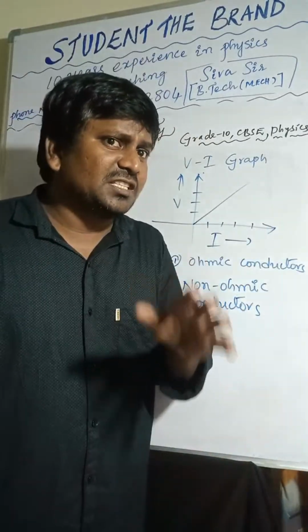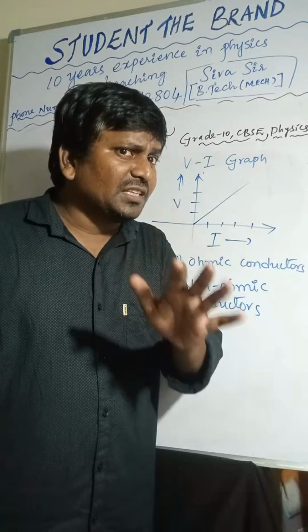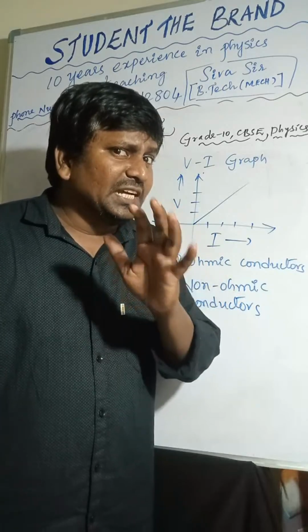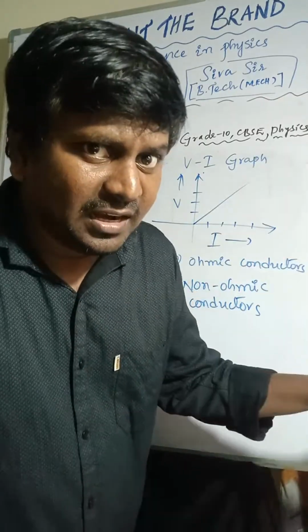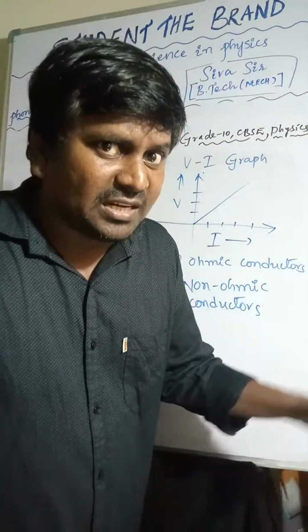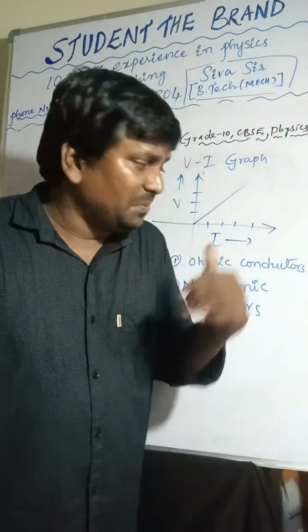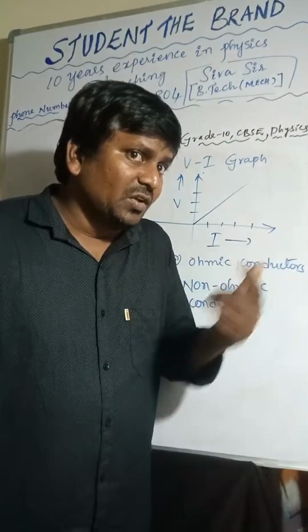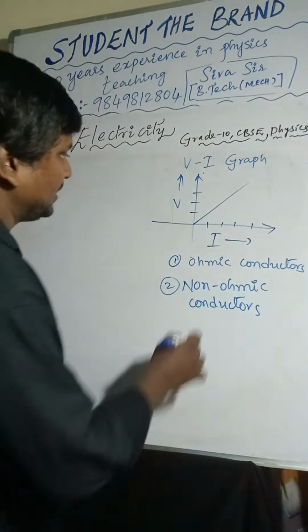The substances which do not obey Ohm's law are called non-ohmic conductors. Keep this in mind, these two points are very, very important: ohmic conductors and non-ohmic conductors.